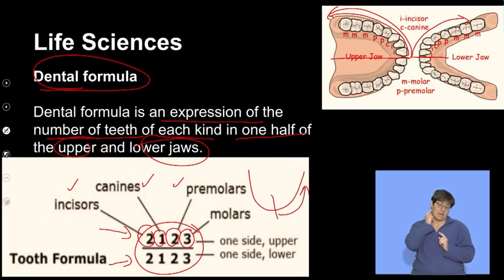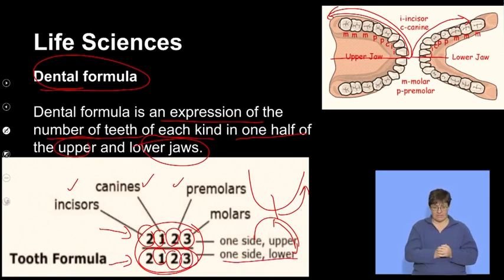The lower jaw would be moving in that direction, where we see again 2 incisors, 1 canine, 2 premolars and 3 molars on the one lower half.